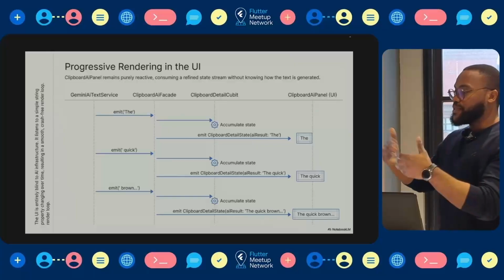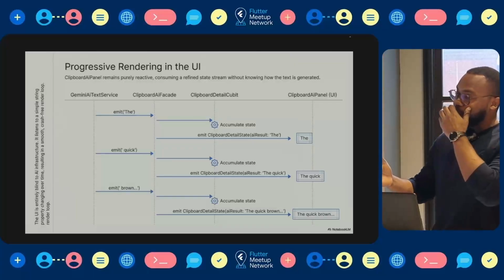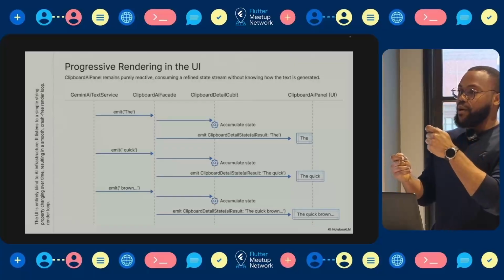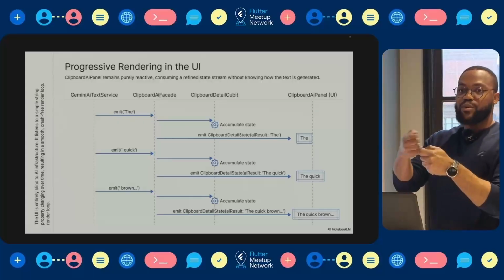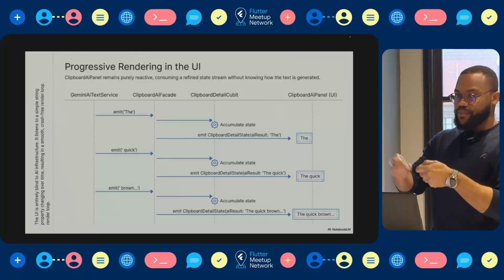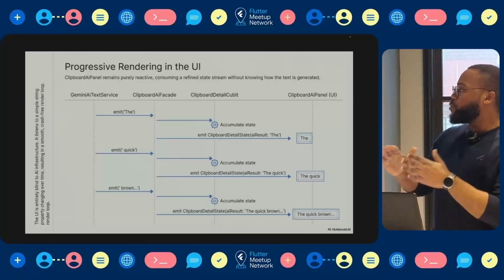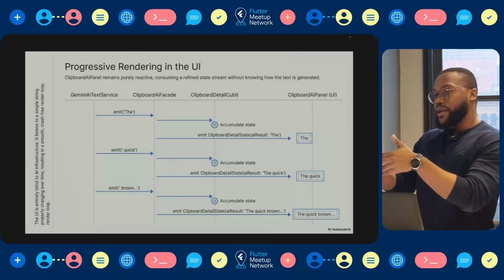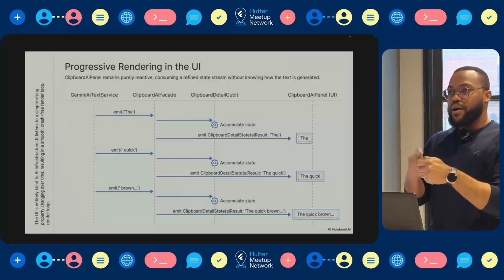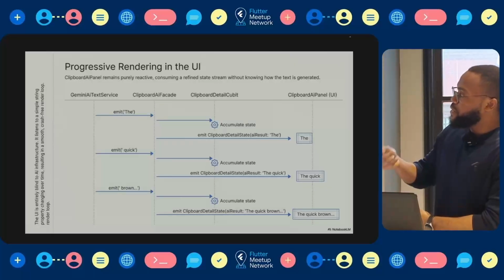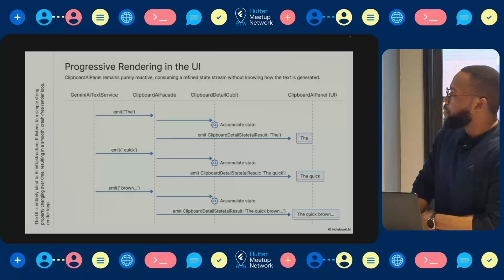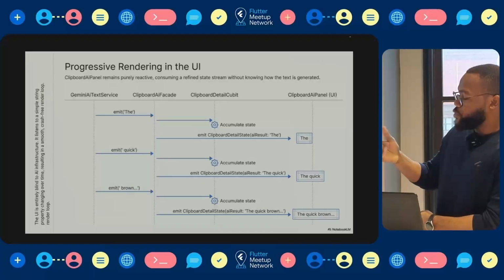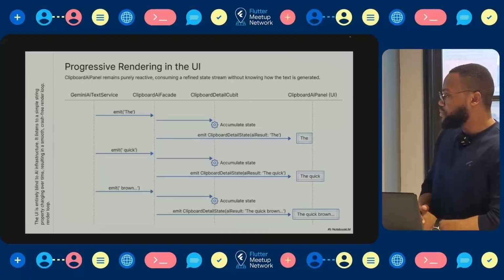So a better solution is to just render the response as it comes. We are not blocking the user interface, but we are rendering the response as it comes to the user interface, and it will be displayed to the user.